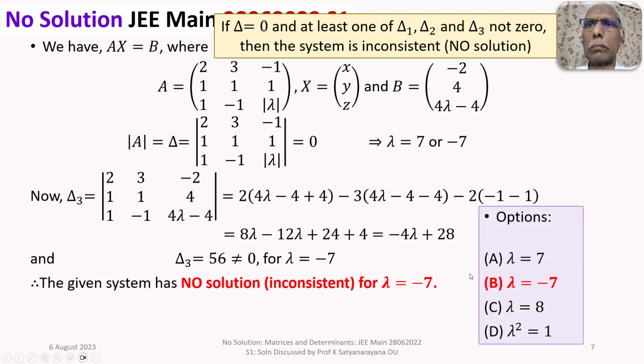Let's look at our options. Our answer, that the given system has no solution for lambda is equal to minus 7, tallies with option B. Therefore, the answer to this question is option B. That is the detailed discussion of the solution of the problem related to the consistency, inconsistency of a given system of non-homogeneous linear equations from the section Matrices and Determinants.